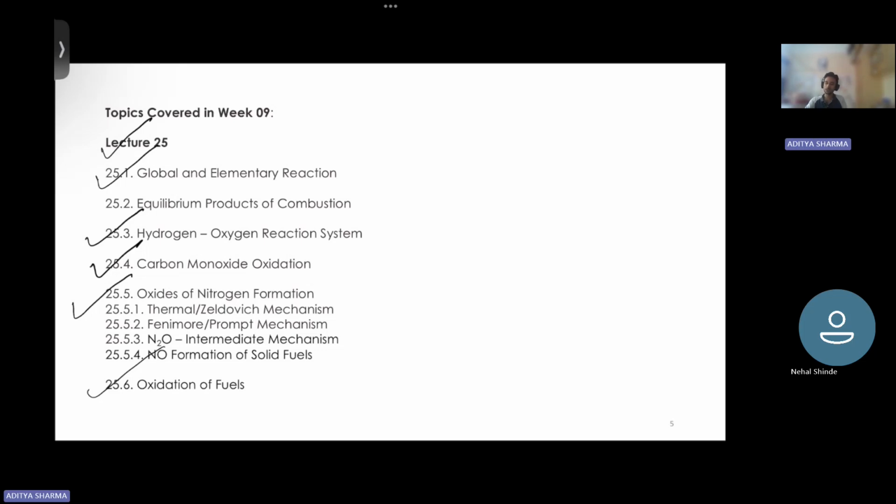So when your reaction is in equilibrium, what are the products that we get to see? Okay, so two cases have been presented. One is of lean mixture and one is of rich mixture. So what is a lean mixture? What is a rich mixture? We have discussed in the previous sessions.